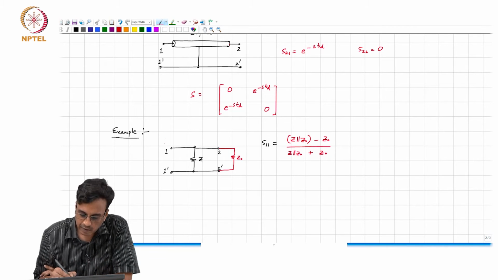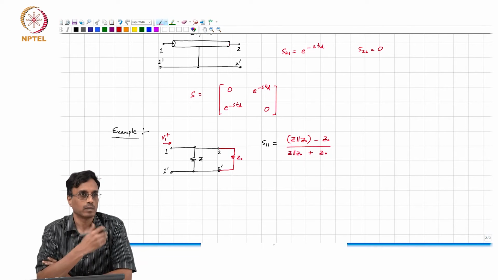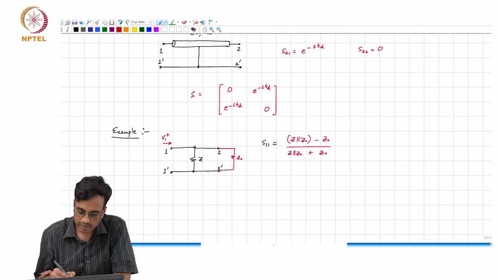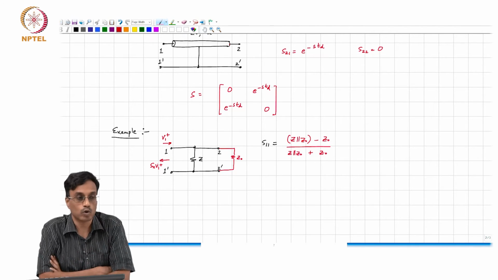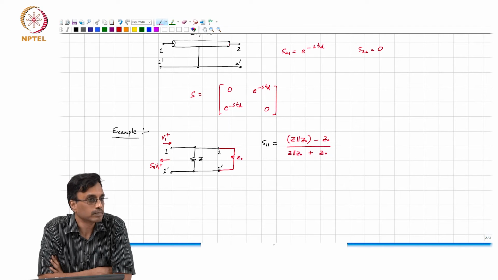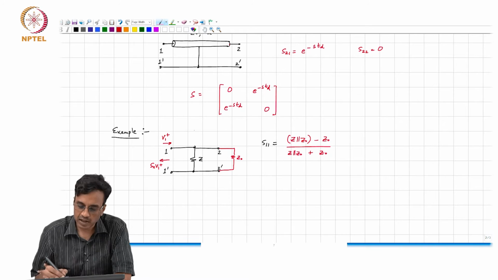So, if this is V1 plus, what gets reflected back is S11 times V1 plus, because we have terminated port 2 with Z0, correct. So, what is the voltage at this node?